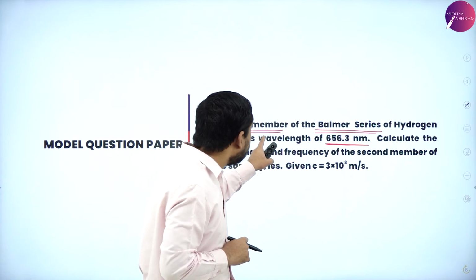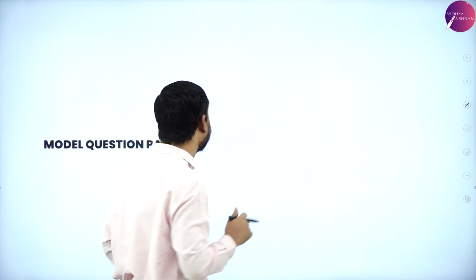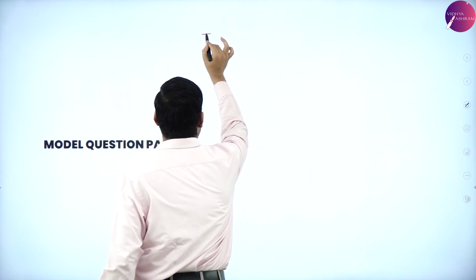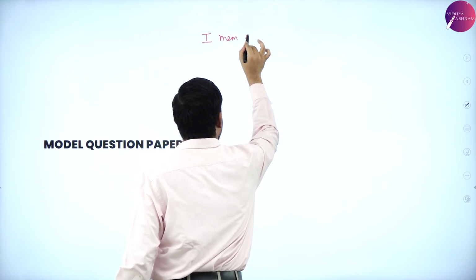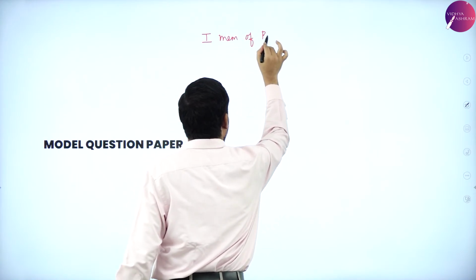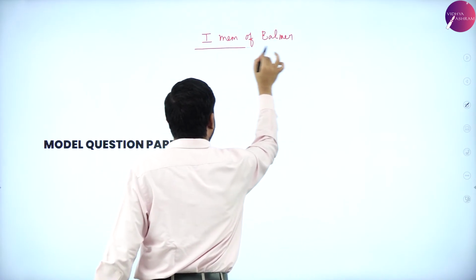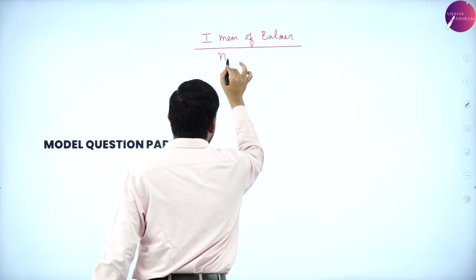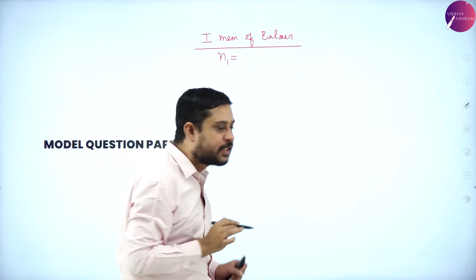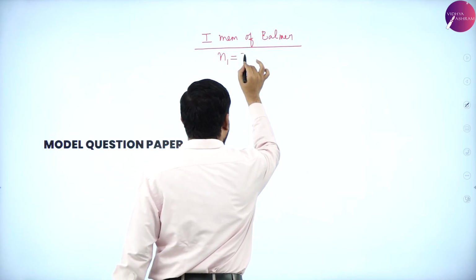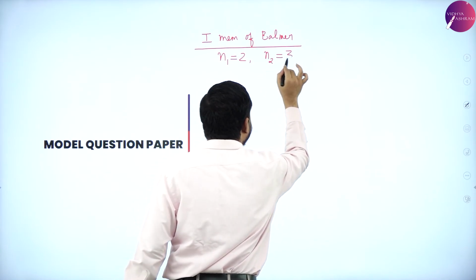So the wavelength of first member of Balmer series is given. So for first member of Balmer series, for every series, the value of N1 is fixed. So N1 is 2 and N2 is 3.